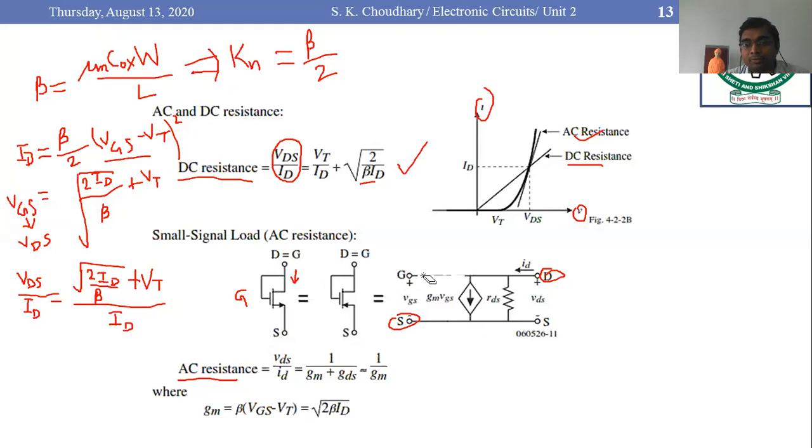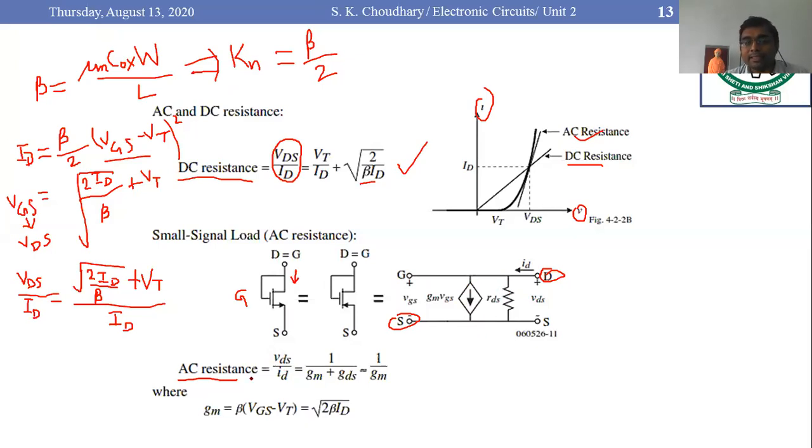Now this isolation would be omitted, and we have to short the gate terminal with the drain terminal. Once we have shorted this, the working phenomena would be changed. Now we have to find out the resistance offered by this small signal equivalent circuit.